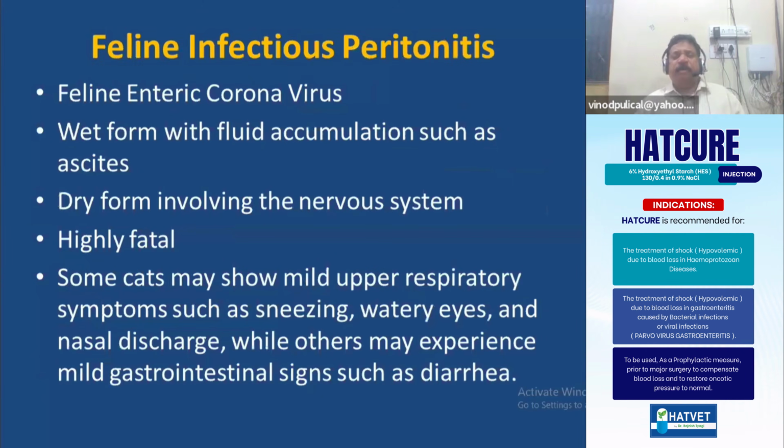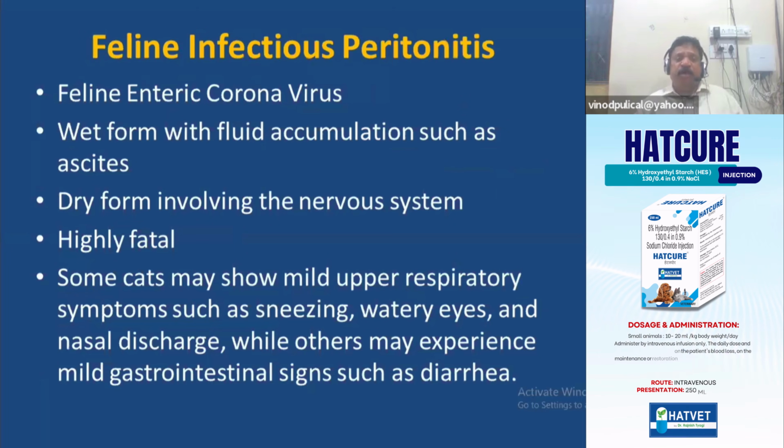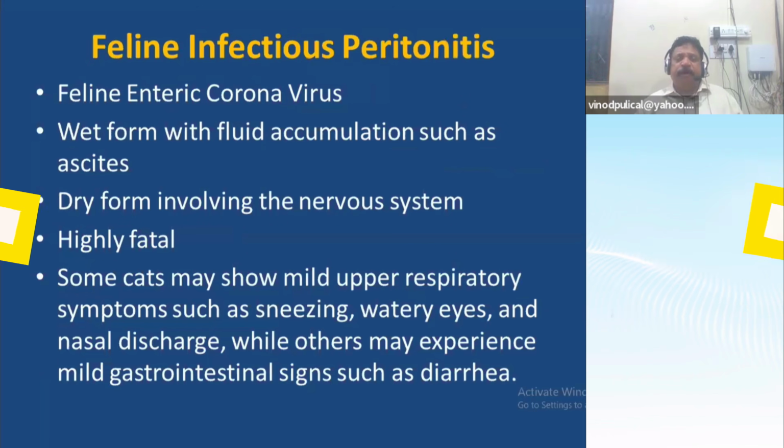Then FIP. Nowadays it is very common; we used to see it very commonly. The wet form or the dry form. Wet form means the main symptom is ascites. In the dry form, there will be neurological signs.